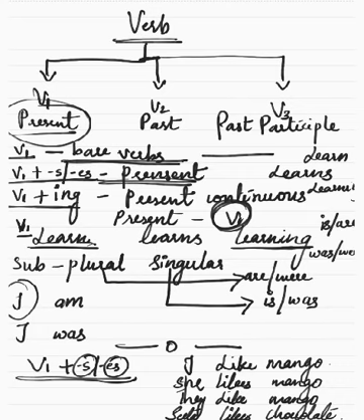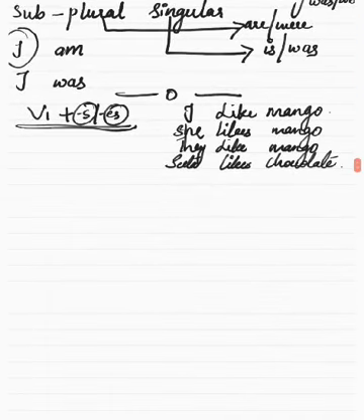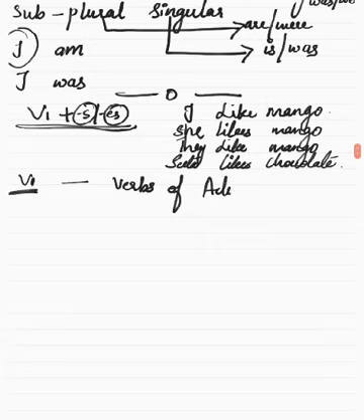When it comes to the present tense, there is one more thing that comes around, in V1 only: verbs of action and verbs of being.